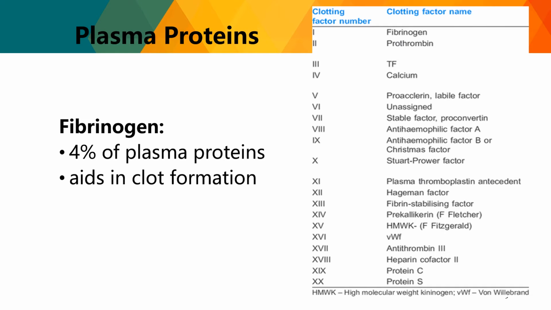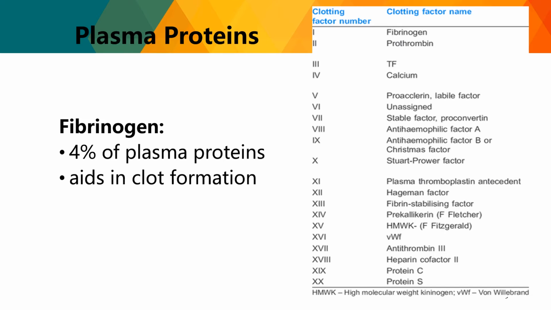So for the plasma proteins, you also have your fibrinogen, which is actually 4% of the plasma proteins, and it aids in your clot formation. So in the process of the formation of clots, okay, you have actually different clotting factors.